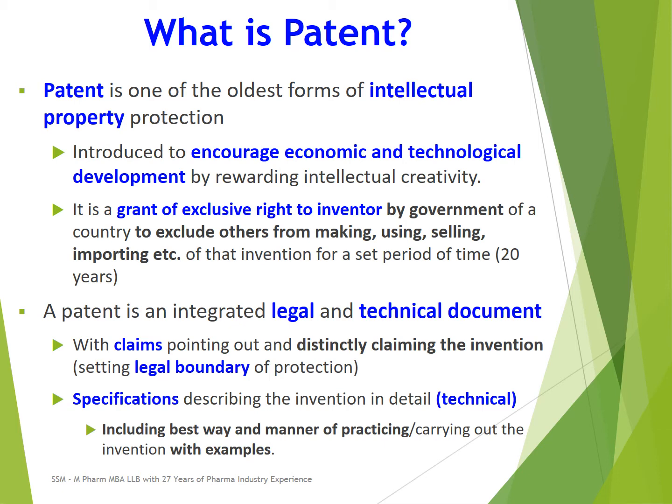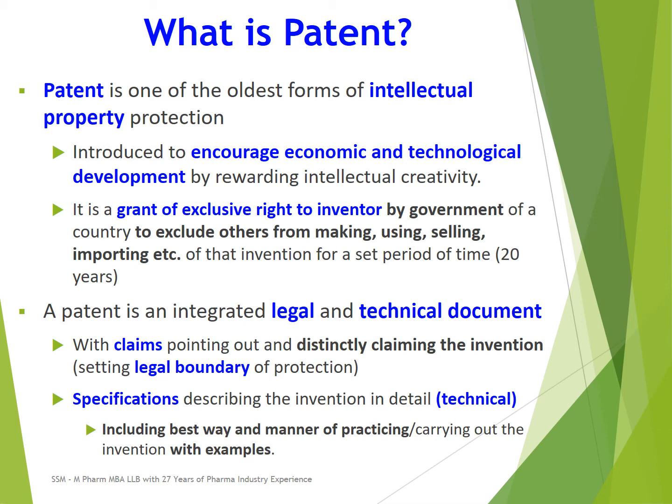Patent is also an integrated legal and technical document. If you see the patent document, it has a huge amount of information. It is called legal because the claims written in the patent document set the legal boundary of protection for your invention.